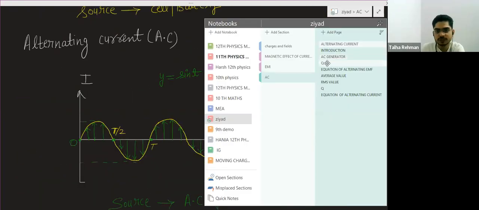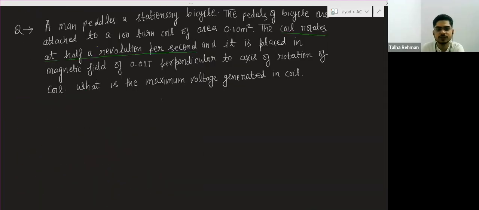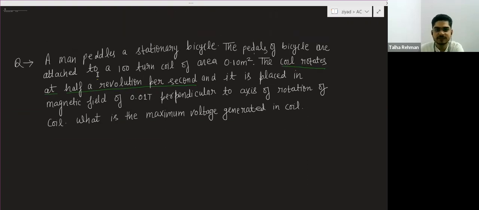So there is one question, a very easy question. A man pedals a stationary bicycle. The pedals of the bicycle are attached to a 100-turn coil of area 0.10 meter square, and the coil rotates at half a revolution per second.